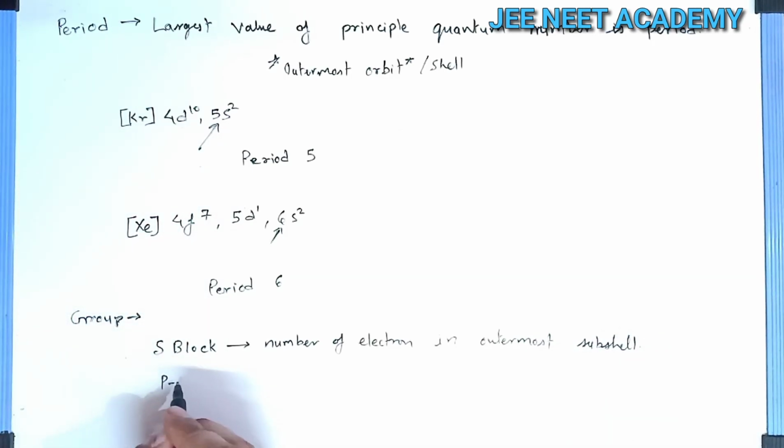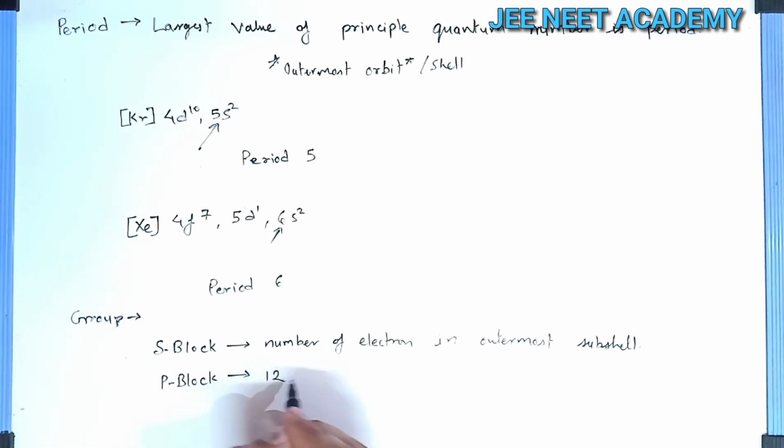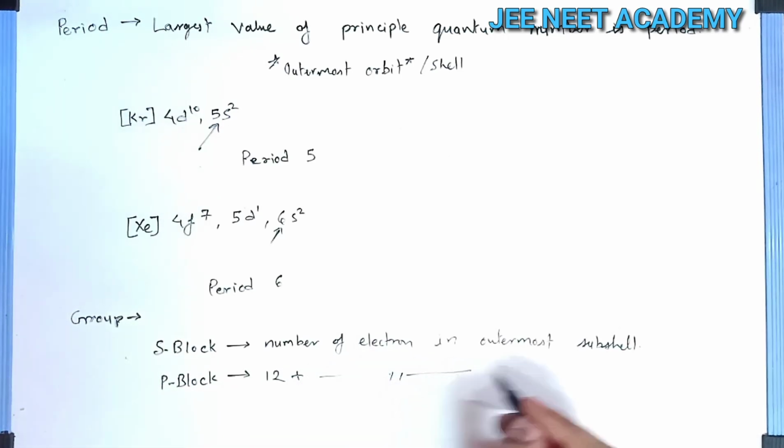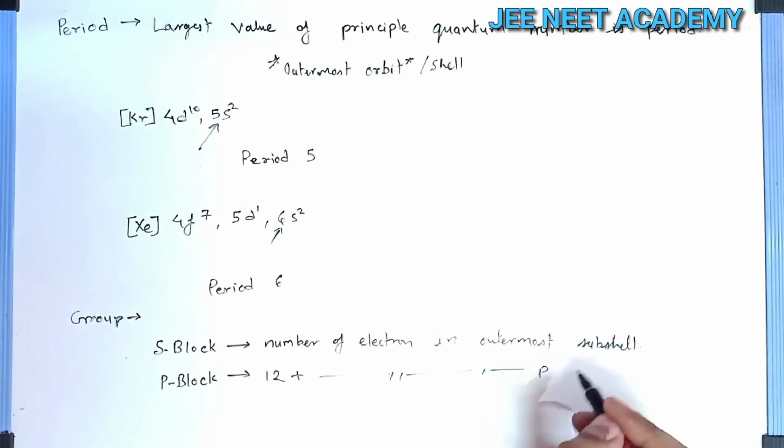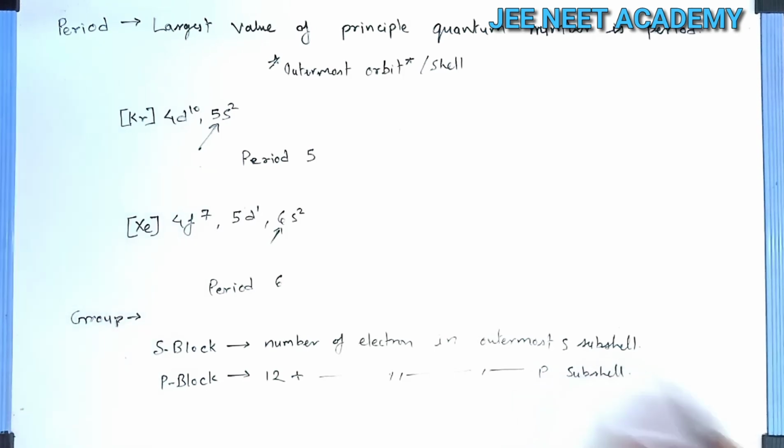P block: 12 plus number of electrons in the P subshell will be the P block element's group number. D block: 2 plus number of electrons in n minus 1 D subshell.